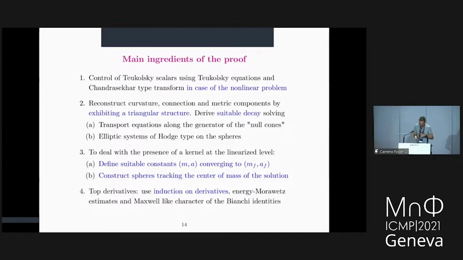So here you use a first induction on derivatives, energy Morawetz estimates whenever you have wave equations, and you also want to use the Maxwell-like character of the Bianchi identities. Bianchi identities are important identities for the curvature tensor, and they are exactly the identities that give you the hyperbolic structure in your problem, and they turn out to be reminiscent of the Maxwell equations, and that's how you deal with them. Okay, so that's where you remember the hyperbolic structure of your problem.